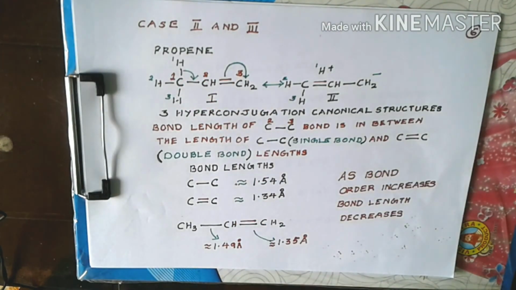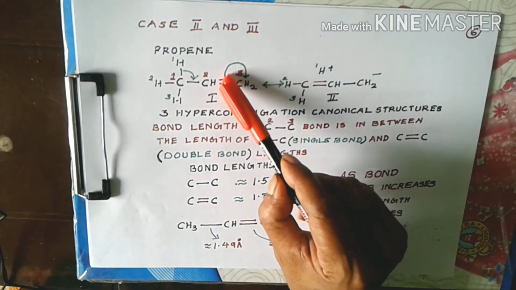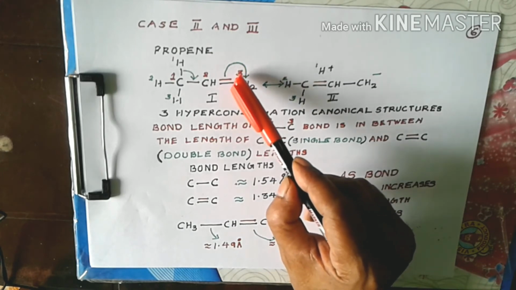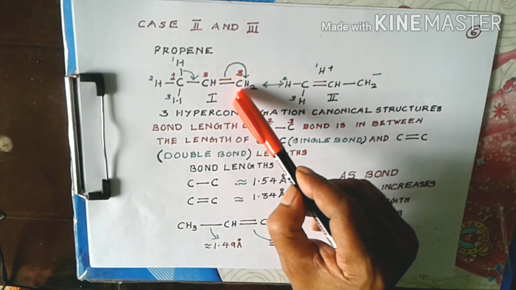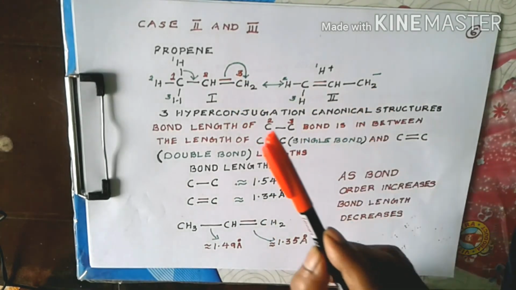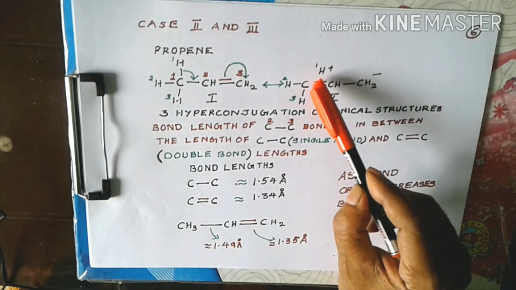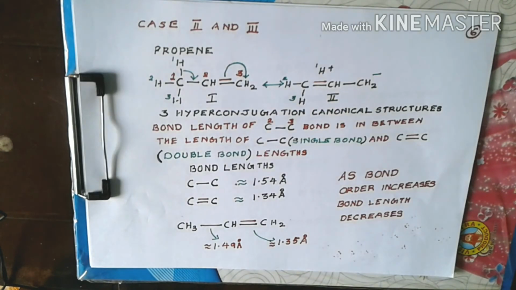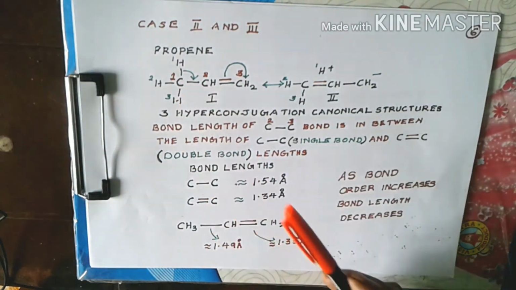Due to hyperconjugation the CH bond will shift in this direction, and the pi bond electron pair will remain in the orbital of this carbon, giving it a negative charge, and hydrogen is left as positive H, and it is not free, it is connected to this system. And in the resonance hybrid we will have double bond character between carbon 1 and 2.